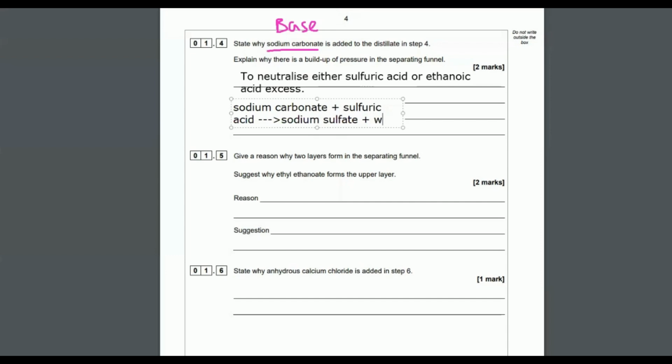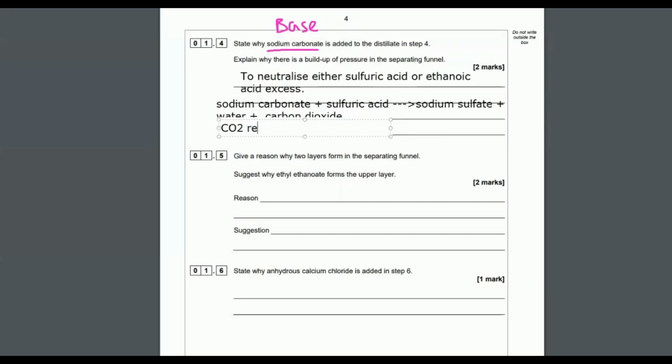And of course, we're going to make water, as you do with all these neutralization reactions, and we're going to make carbon dioxide. And what do we know about carbon dioxide? It's a gas. So you might remember all of that from GCSE. So we want to say CO2 released is a gas, will increase pressure.